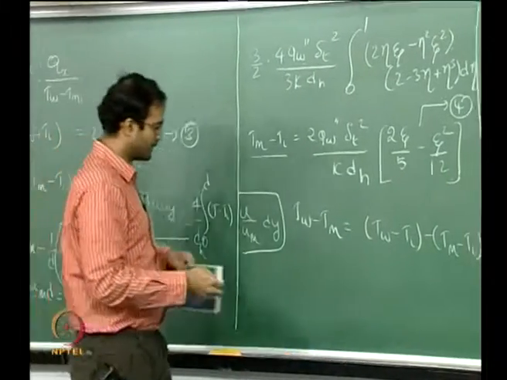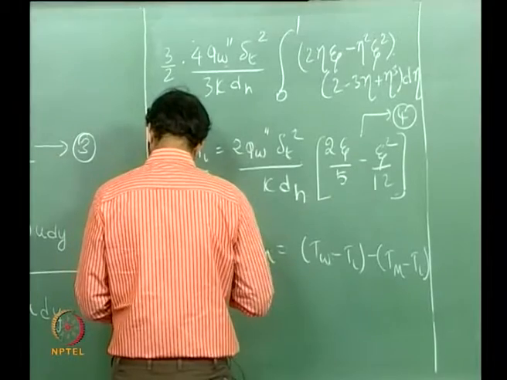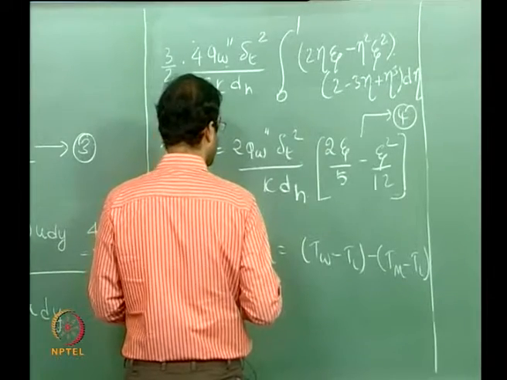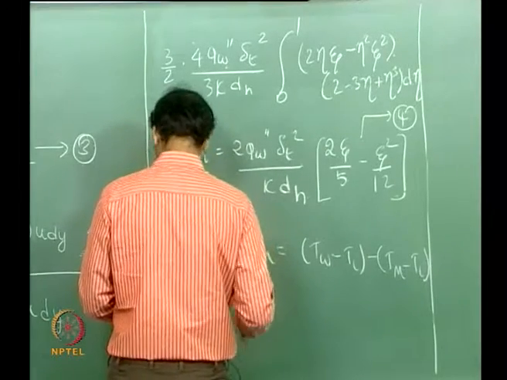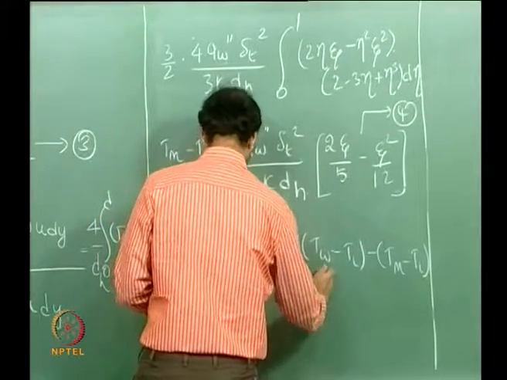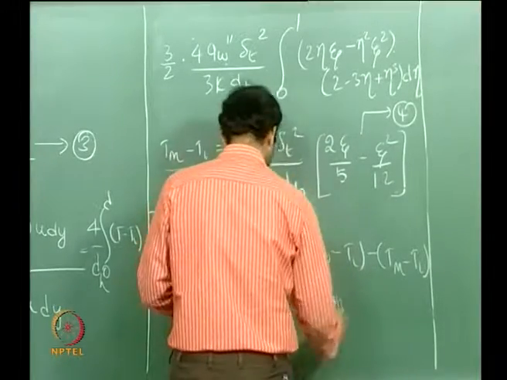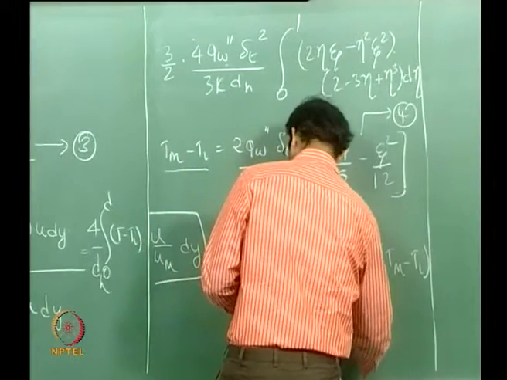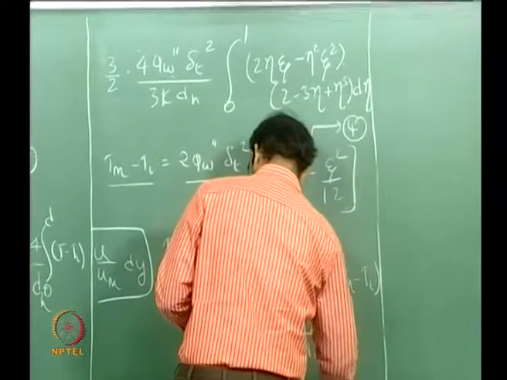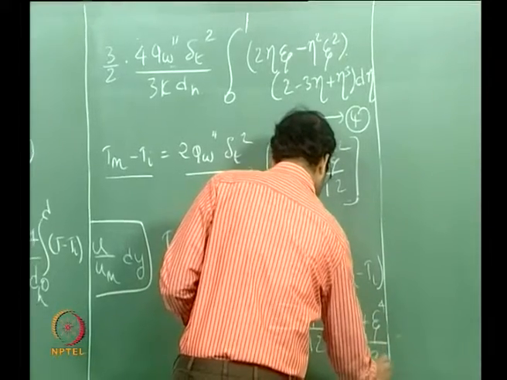Okay, so we will just take that out so that I can write my expression for Twall minus Tm as 2 times q double prime dh by k into zeta by 12 minus zeta cube by 40 plus zeta power 4 by 192.